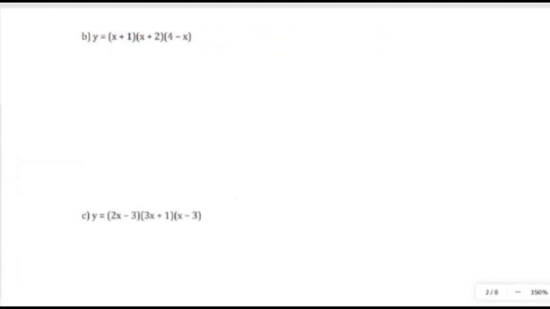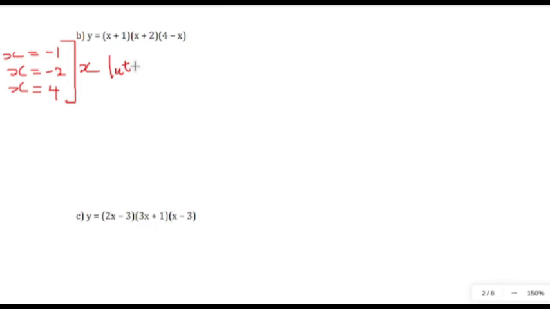So let's look at question 2b. So based on our work, we can easily obtain the intercepts. So x is equals to -1, x is equals to -2, then x is equals to 4. So all of these give us our x-intercepts.